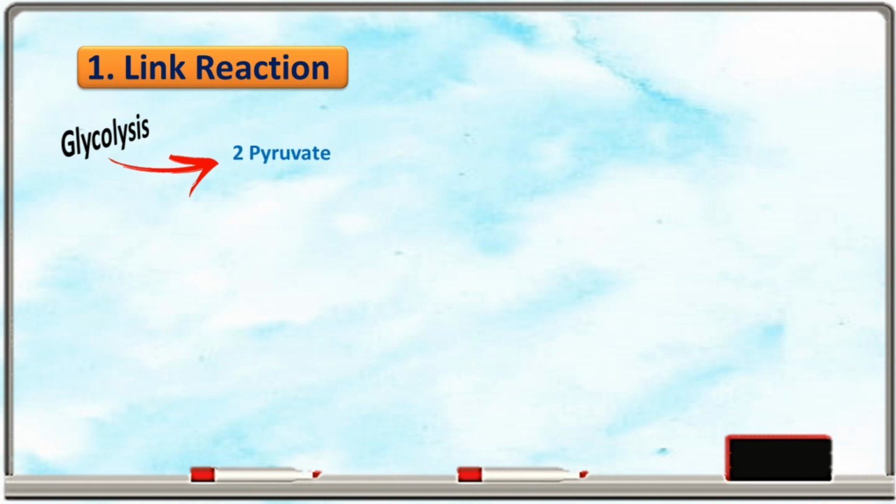Now, these two molecules of pyruvate are converted into two molecules of acetyl-CoA in the link reaction step. This reaction occurs with the help of an enzyme known as pyruvate dehydrogenase complex. In this reaction, a NAD plus molecule is converted into a NADH molecule and a CO2 molecule is released. That means the two molecules of pyruvate, which is a 3-carbon compound, are converted into a 2-carbon compound, acetyl-CoA.